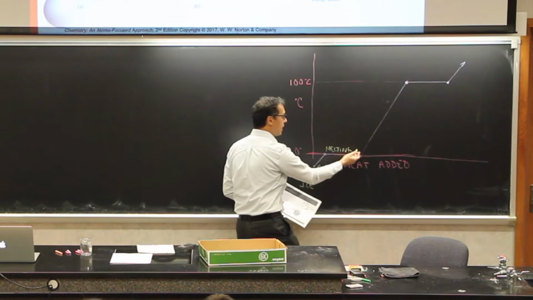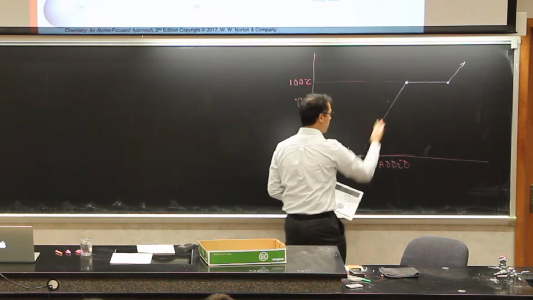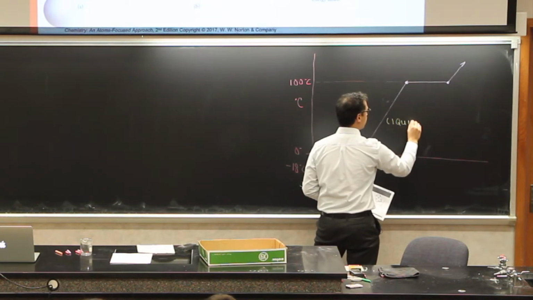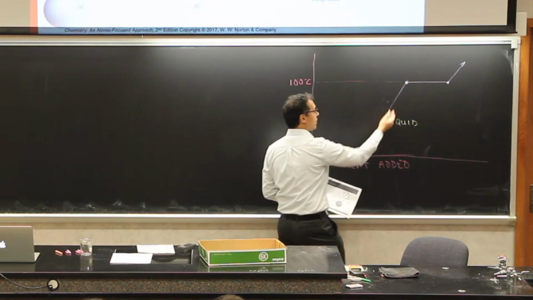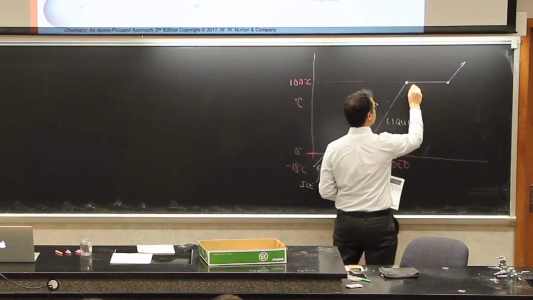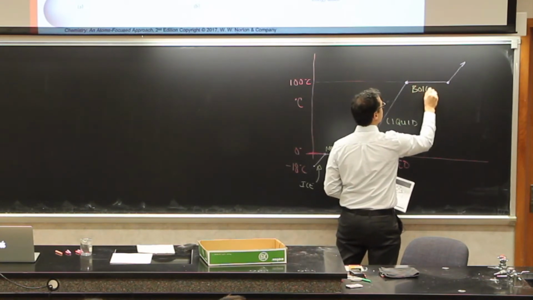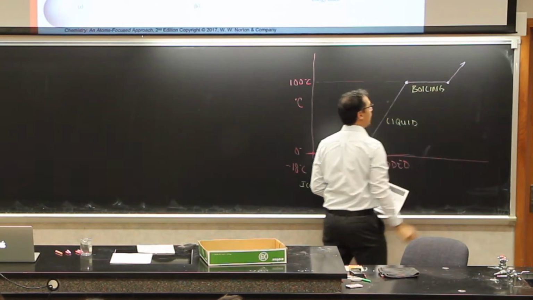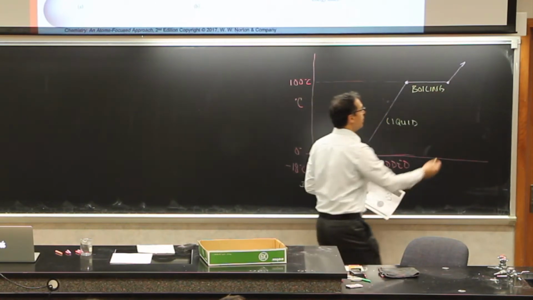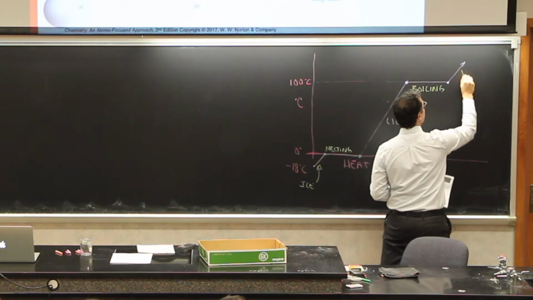And then as it melts, it becomes a liquid here. Once water gets up to 100 degrees, then we start boiling it. And once it's boiled and turns into a vapor, we say that it's a gas up here. So we'll say vapor.